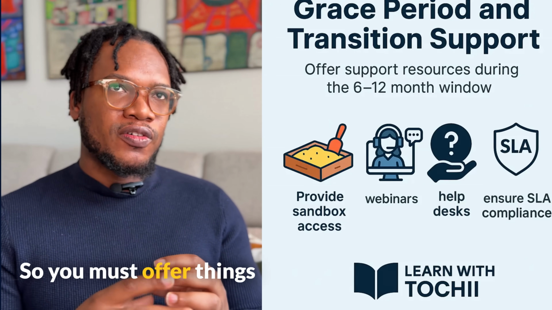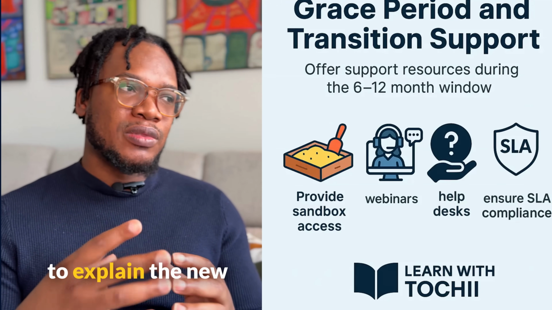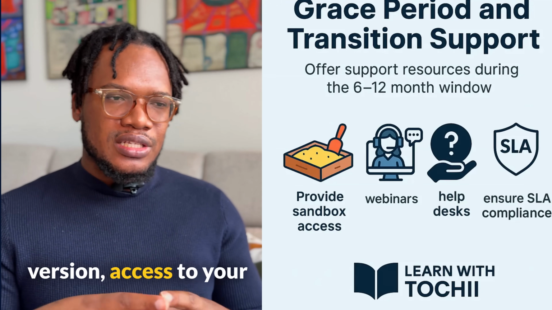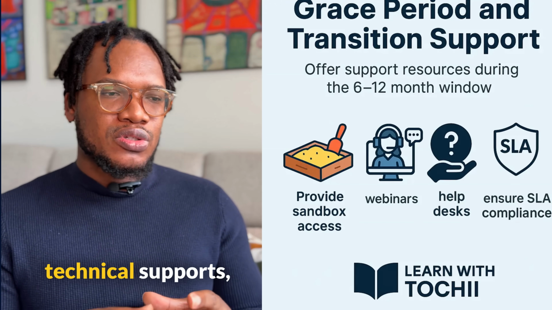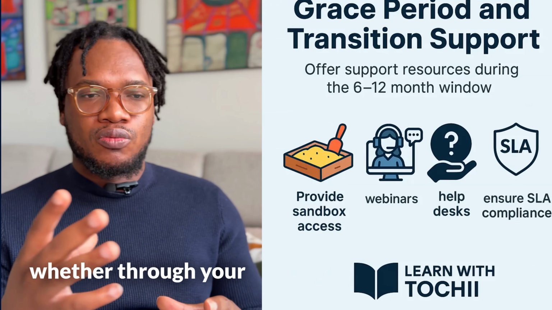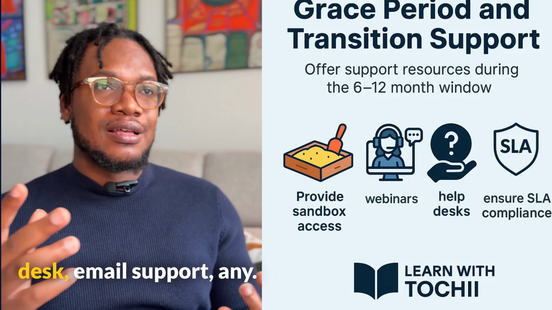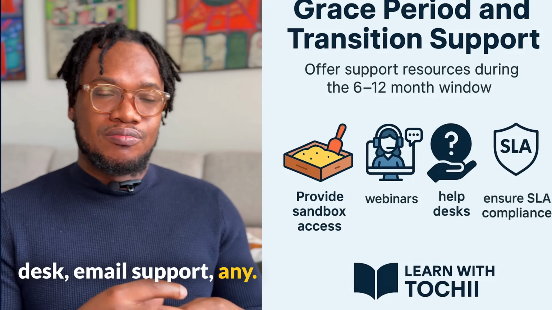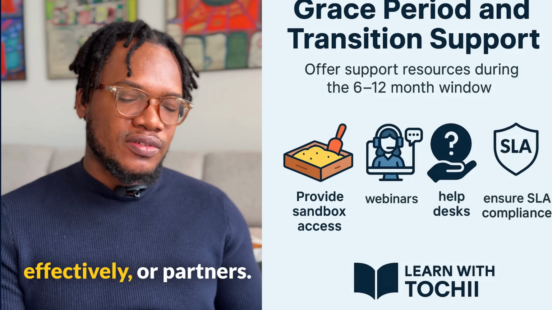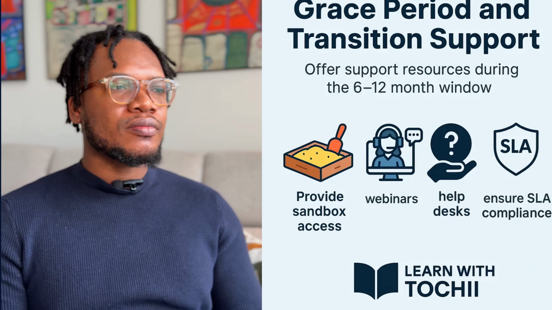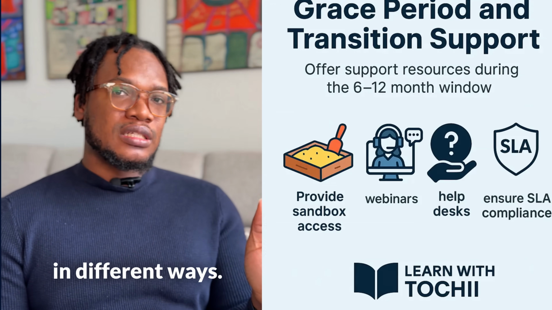So you must offer things like webinars for the group, training sessions to explain the new version, access to your sandbox environment to test the new APIs, and technical support, whether through your channels, Slack, Teams, help desk, email support, or any channel to communicate with customers or partners effectively.